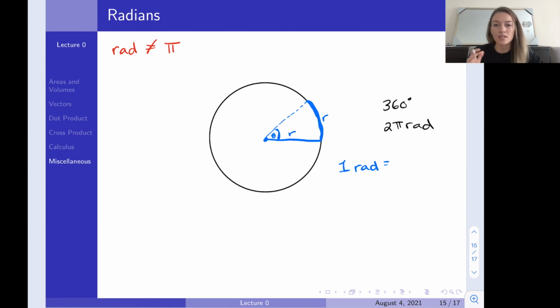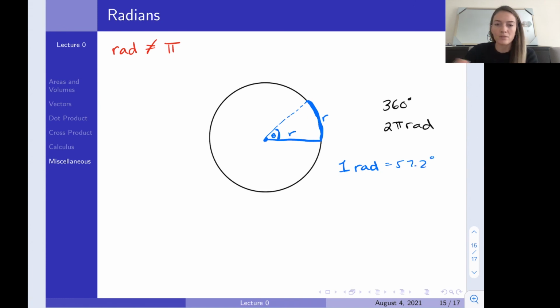And since all circles have the same ratio of radius to circumference, no matter how big its radius is, when you lay out the radius along the circumference, it will be equal to the same degree measure. So this angle measures 57.2 degrees.